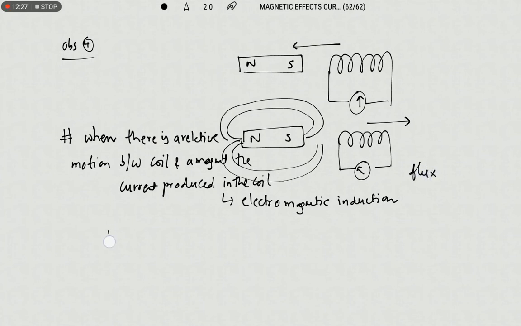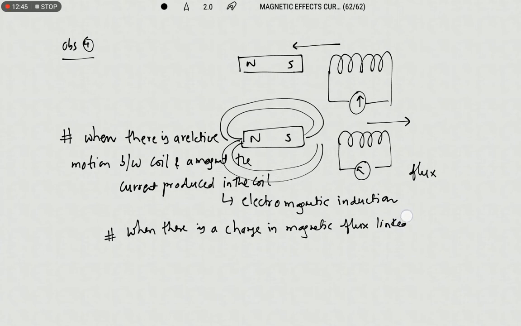So when there is a change in magnetic flux linked with the coil, a current is produced in the coil. This phenomenon is known as electromagnetic induction.